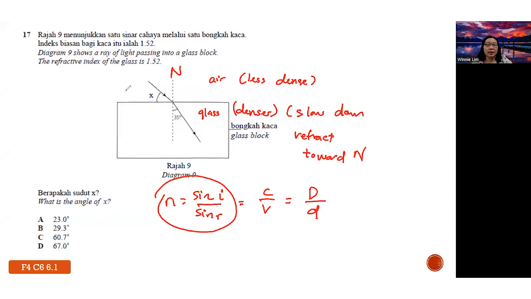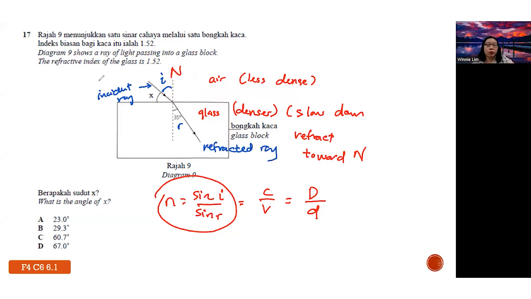Next, you need to know where to locate the incident angle and the refracted angle. For these questions, your incident angle is the angle between the normal line and the incident ray. So this ray is the incident ray, and this is i. The refracted angle is the angle between the refracted ray and the normal line.